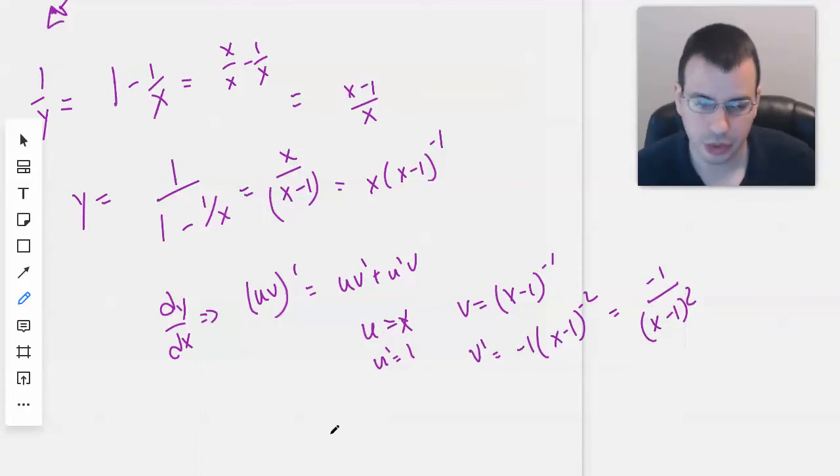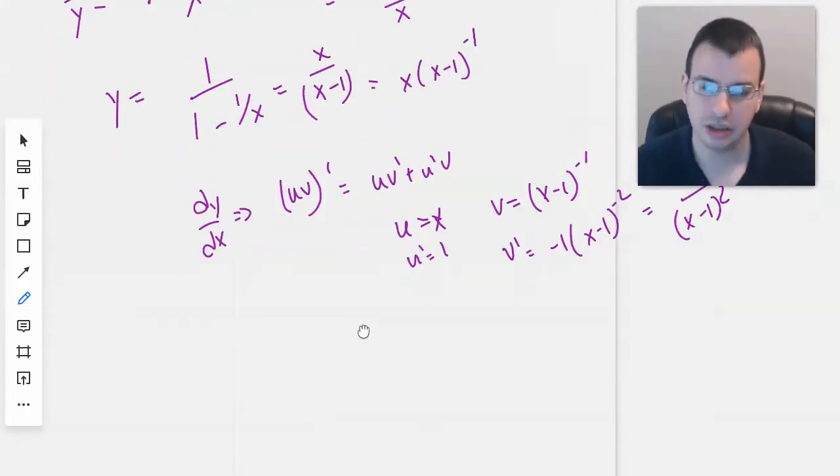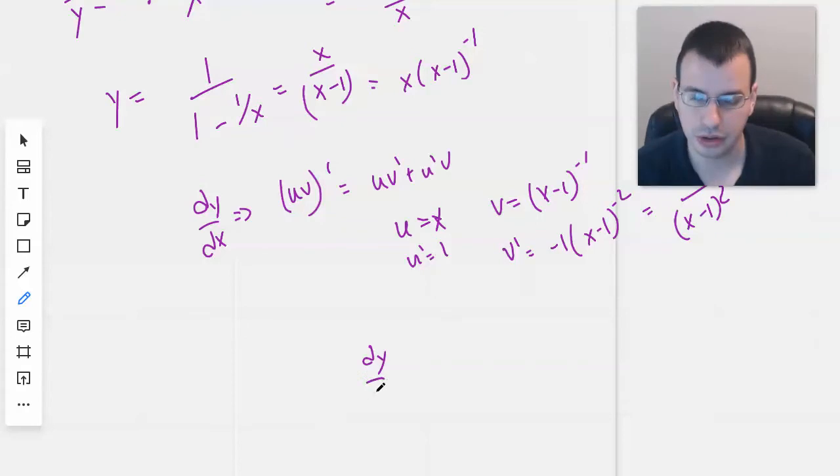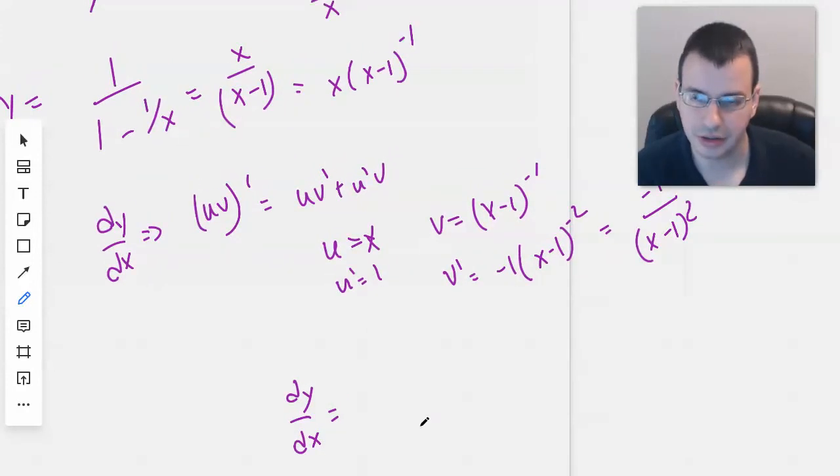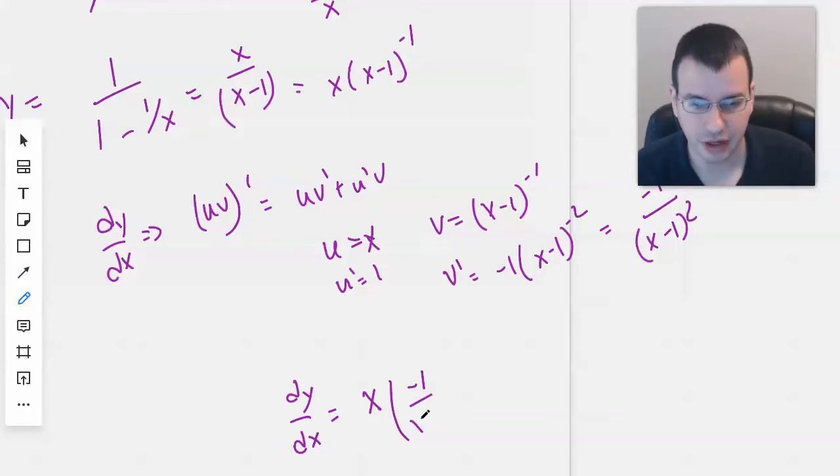And so dy dx then will equal, let's see here, u is x, v prime is negative 1 over x minus 1 squared, plus 1 times x minus 1.